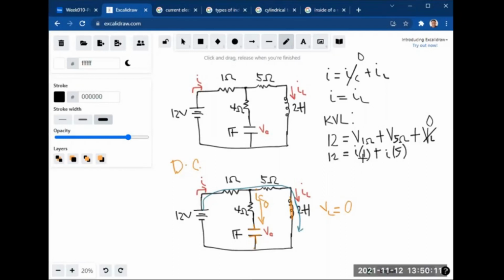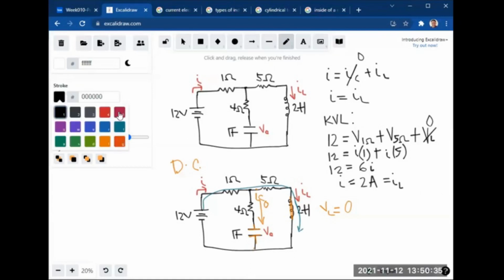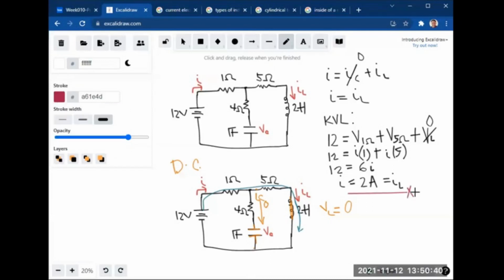So this will be 6I equals 12, so I is equal to 2 amperes, which is also equal to the current at the inductor. This will be one of our answers: the current at the inductor is 2 amperes.